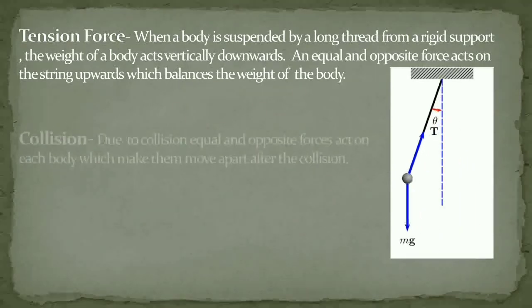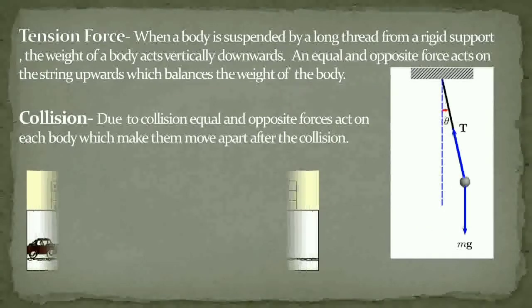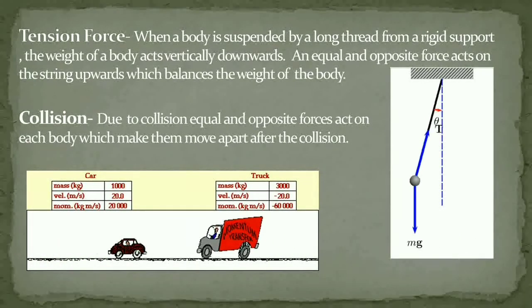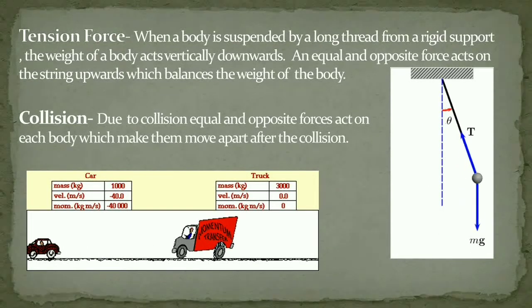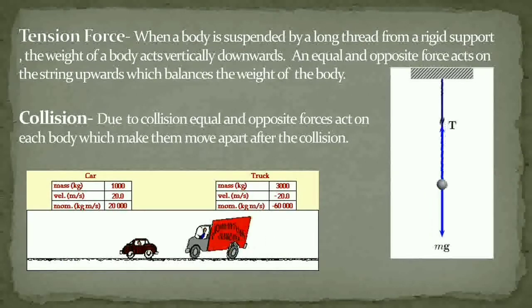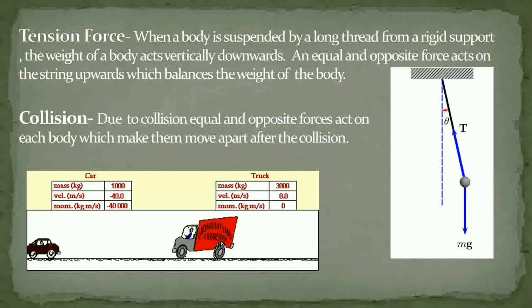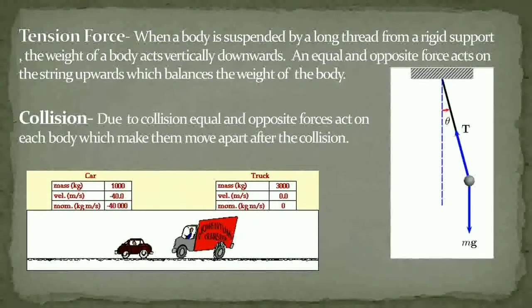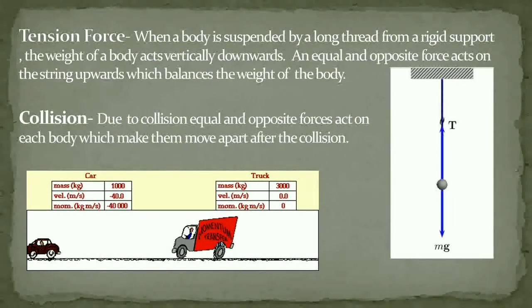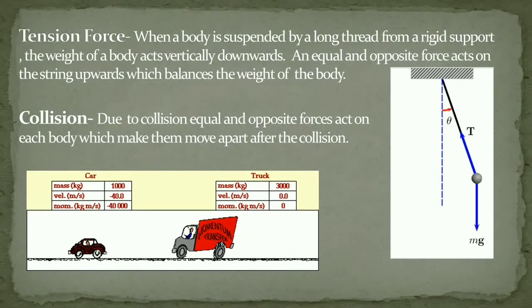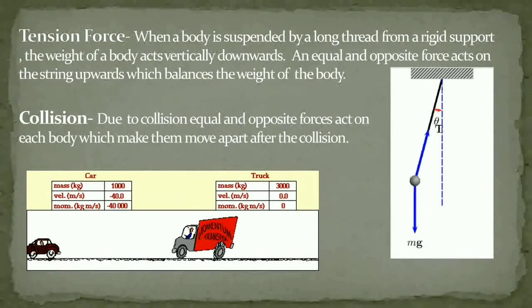Now the next contact force is the force during collision. Clear? Suppose two bodies, we can take a truck and a car, are moving in the same direction but with different speeds. Suppose the truck and the car collide with each other for a short while. During the collision, the truck exerts a force on the car, and in turn the car exerts an equal and opposite force on the truck.